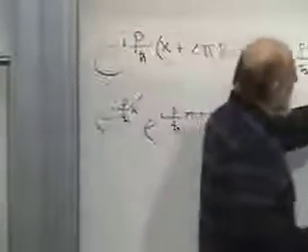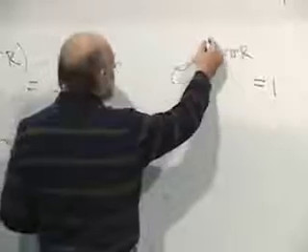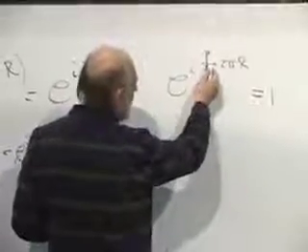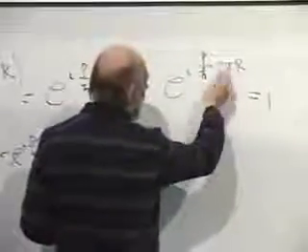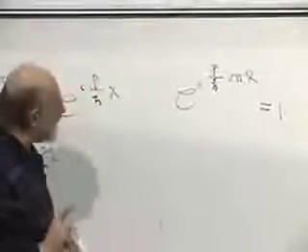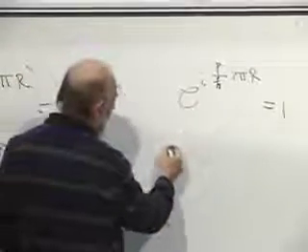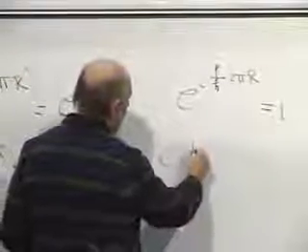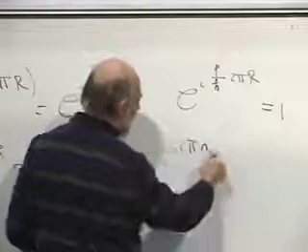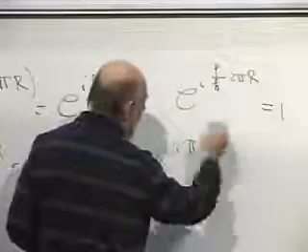The condition that this is equal to 1 is the same as saying that p over h bar times 2 pi r has to be an integer multiple of 2 pi. e to the 2 pi n i, where n is any integer, is equal to 1.